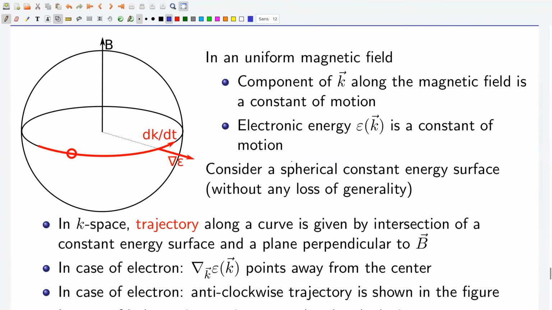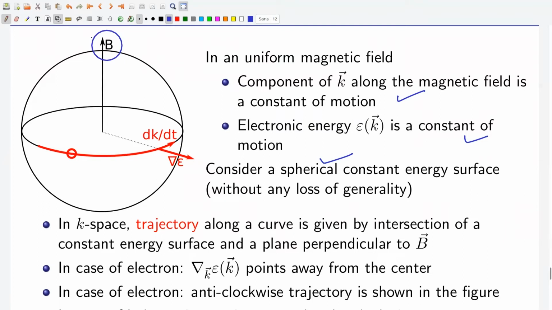Let us consider a free electron-like constant energy surface spherical in shape and understand the consequences of two constants of motion considering a uniform external magnetic field. However, what we are going to discuss will remain valid even if the constant energy surface is not spherical. Magnetic field is in this direction.